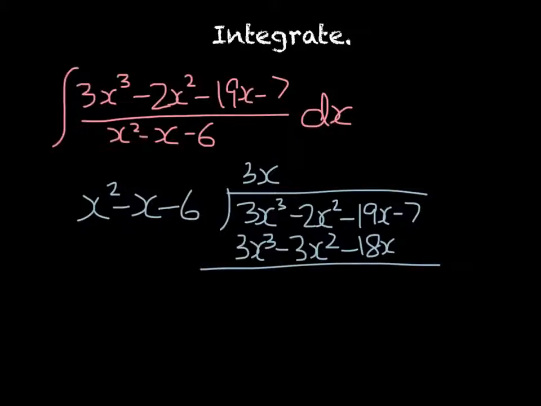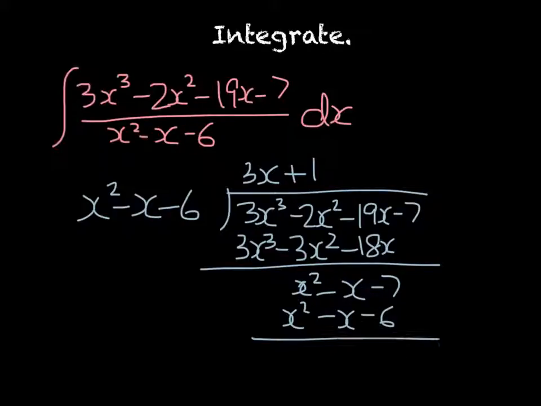Subtracting gives us x squared minus x minus 7. At this point, x squared goes into x squared one time, and so we have x squared minus x minus 6. Subtracting gives us negative 7 plus 6, or negative 1, for our remainder.